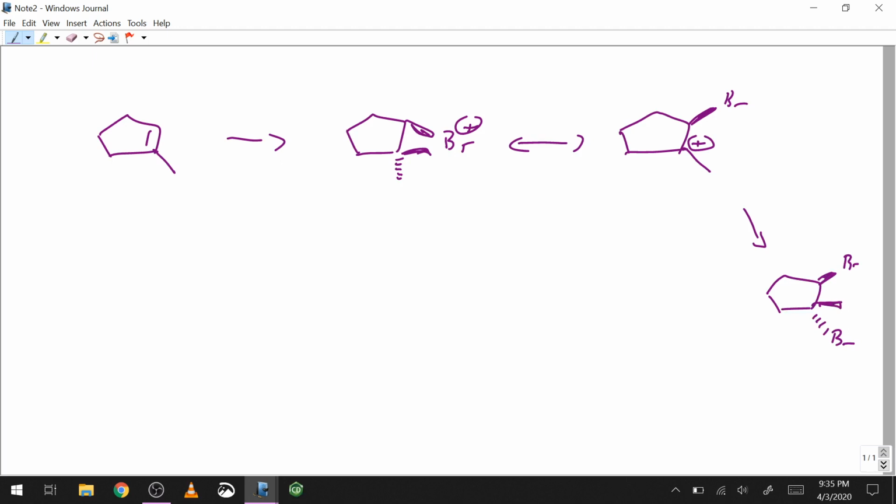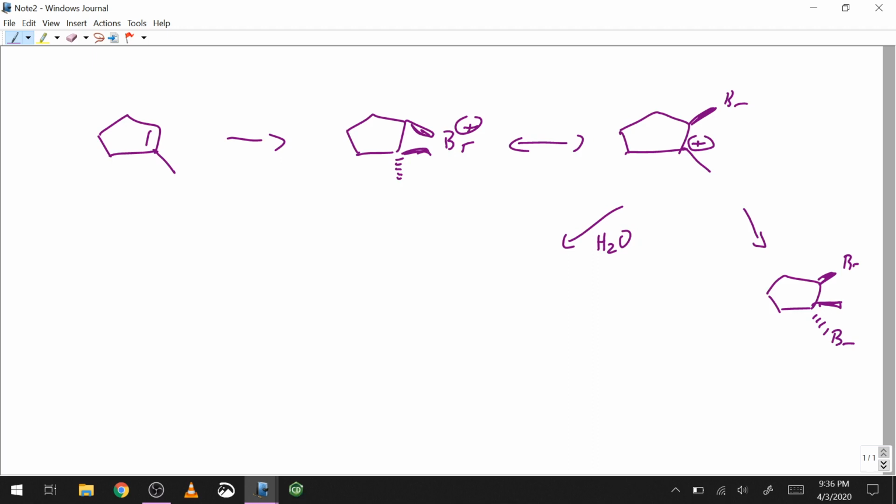The problem happens when we trap this with something else. And there are a couple of ways to do this. You can use another halogen. You can use a nitro group. The one that we're going to deal with here is water, but it's called the halohydrin reaction, where we're actually putting halogen in place, the halo, and the hydrogen part coming from water.